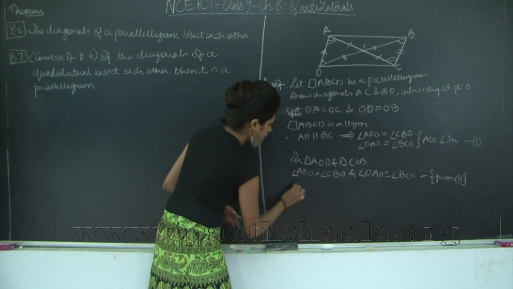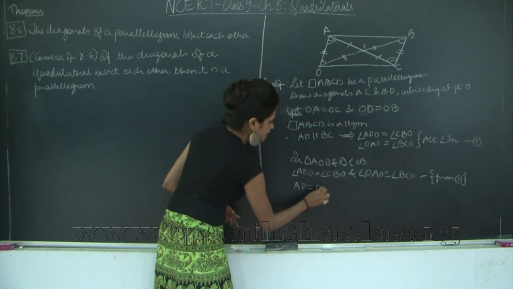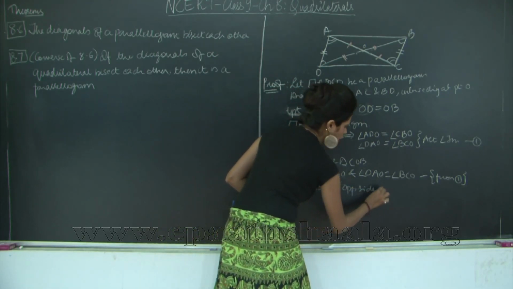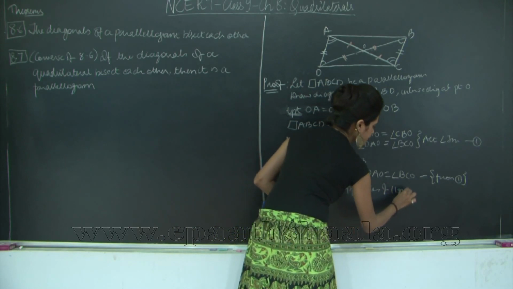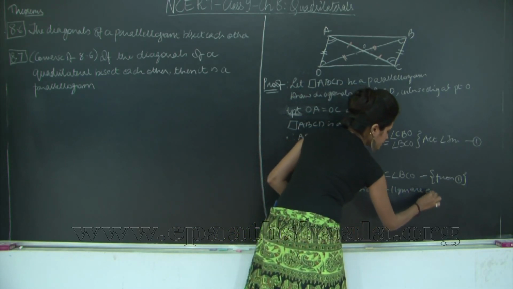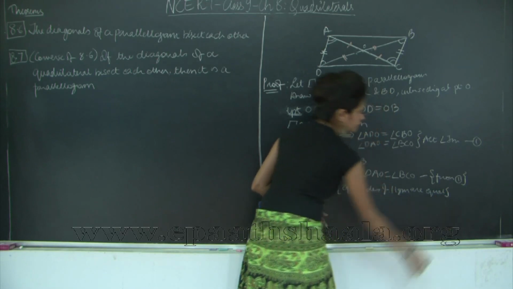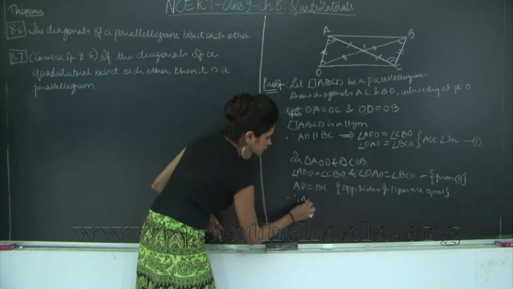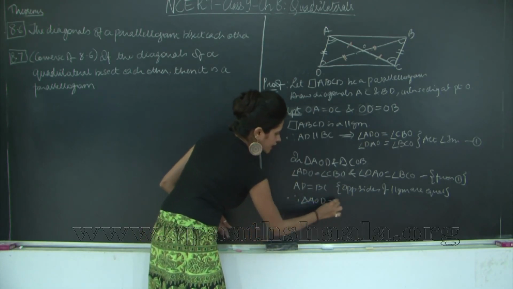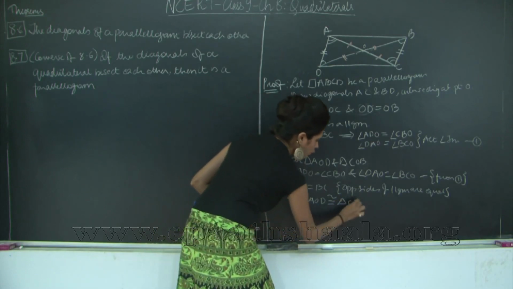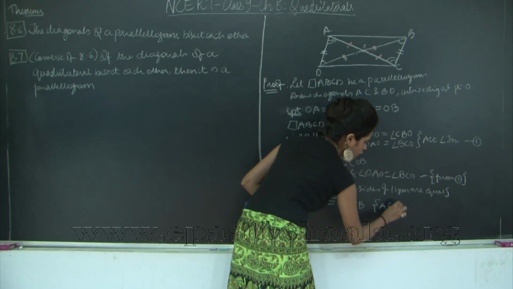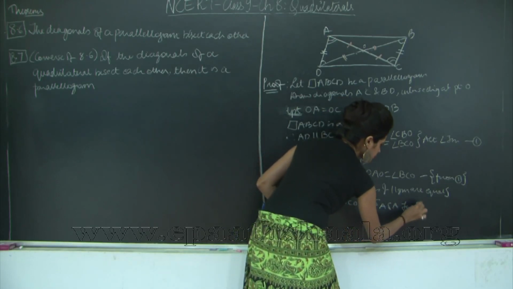Also I have AD is equal to BC. Why? Opposite sides of parallelogram are equal. Therefore, triangle AOD is congruent to triangle COB by angle side angle, or ASA test of congruence.